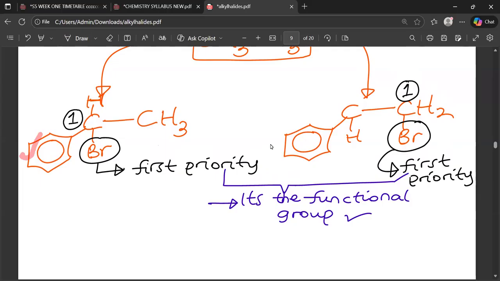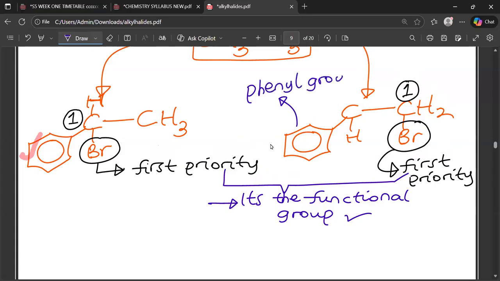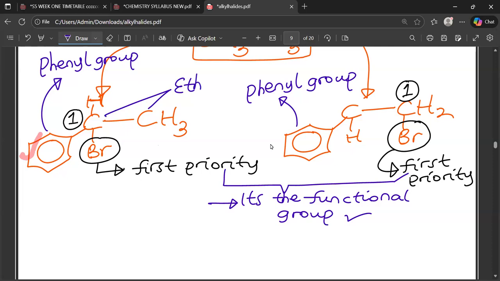Who can try? Because you know that this one is called the phenyl group. And we have already said these 2 carbons mean our parent is ethane.